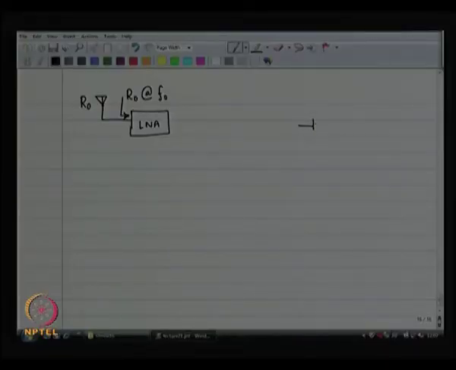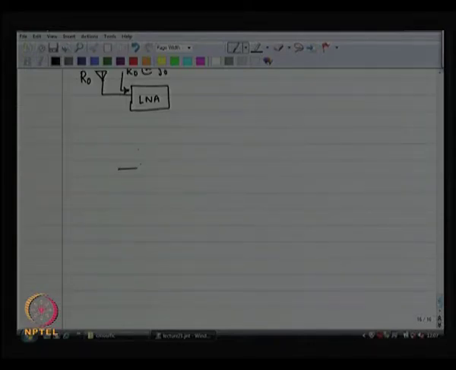First of all, if you think of what you studied in your matching earlier, long back when we did matching, probably initial part of this course, we had a matching network. This matching network was made up of inductors and capacitors.